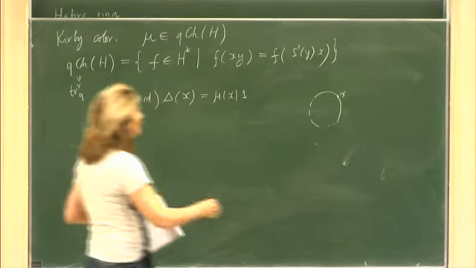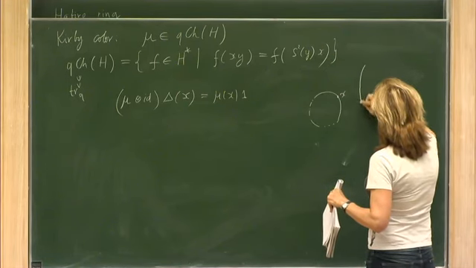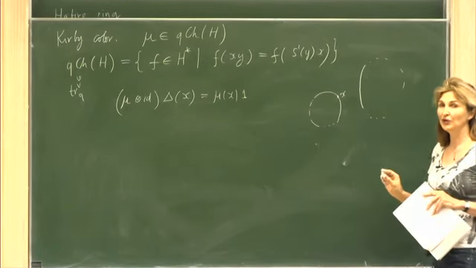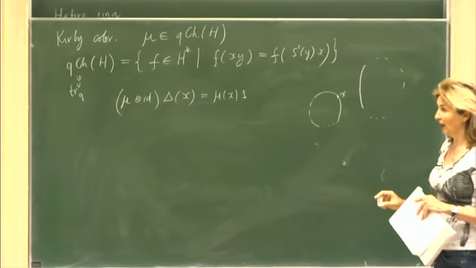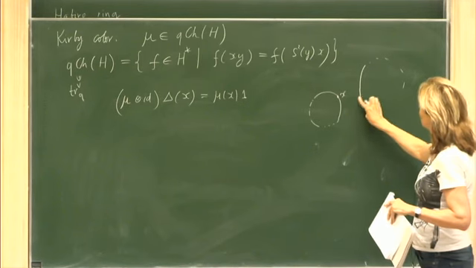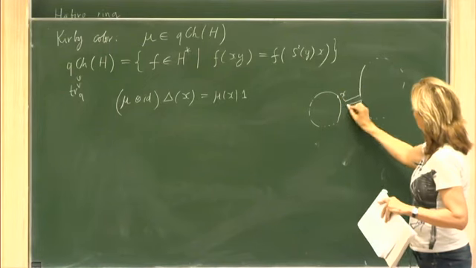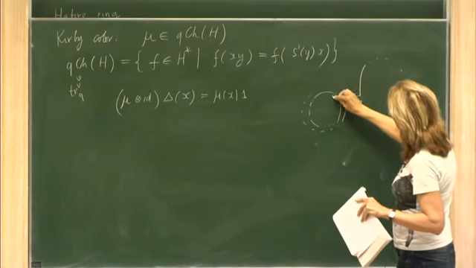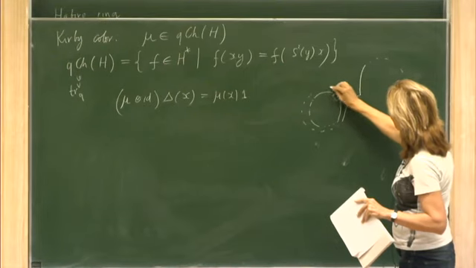So I have this x, and I have some other component somewhere, which also can be linked and knotted. But I know the very nice property of this universal invariant: if I slide this component along this other component, then on that place, instead of x, I'll have delta of x for both of these components.